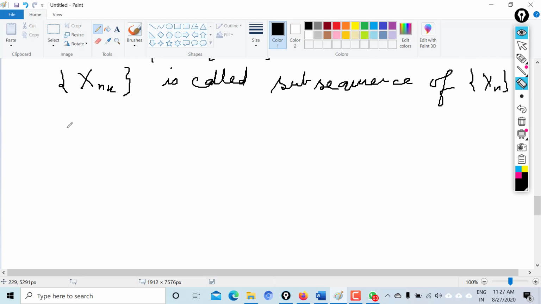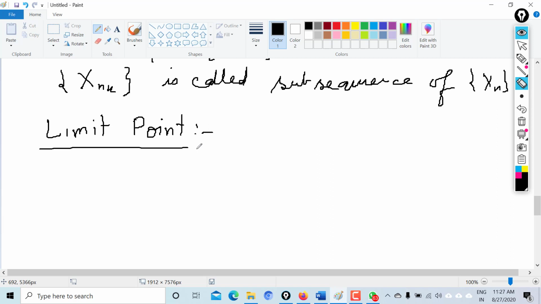Now, what is a limit point? A limit point is like where a function is going to limit itself, where the function is going to finish itself, because in the case of a sequence the number is growing, and upon growing it can converge to a certain point.